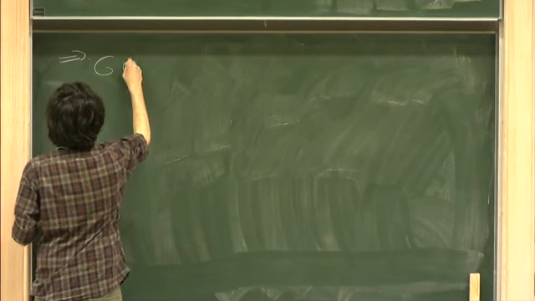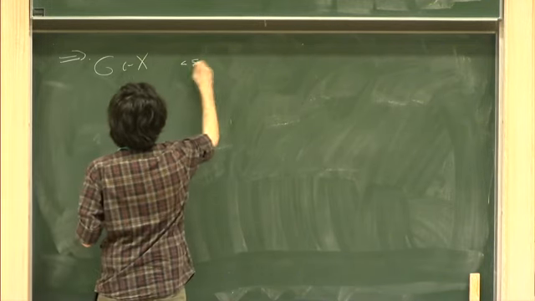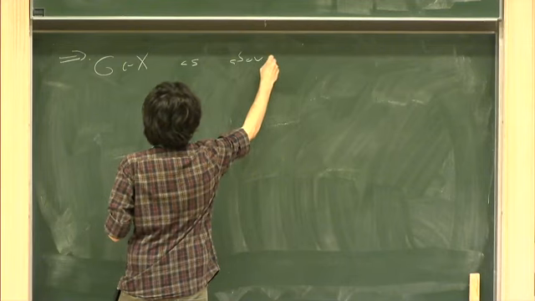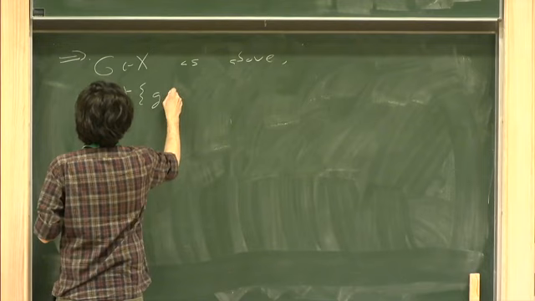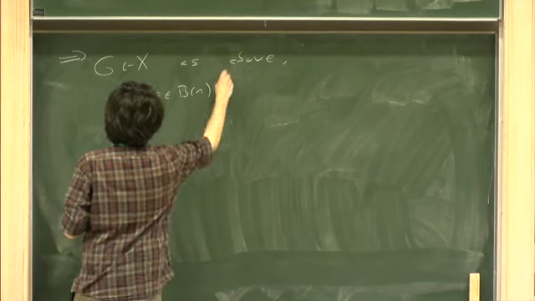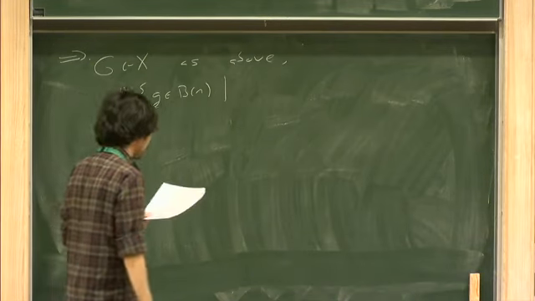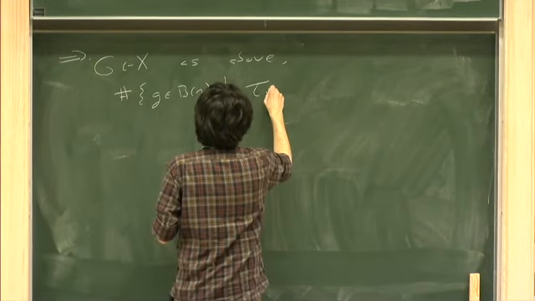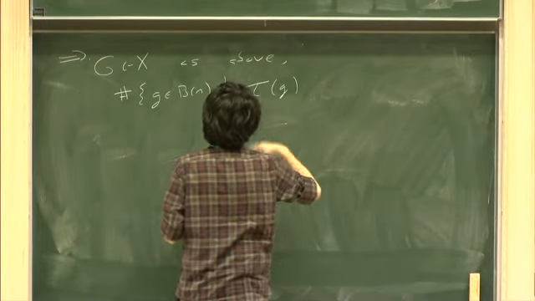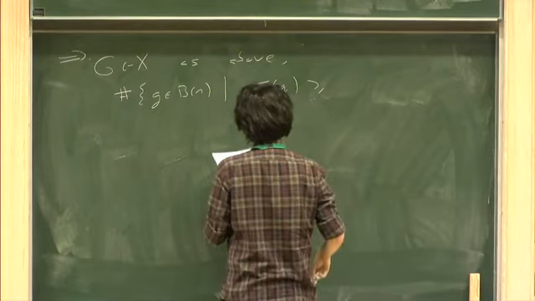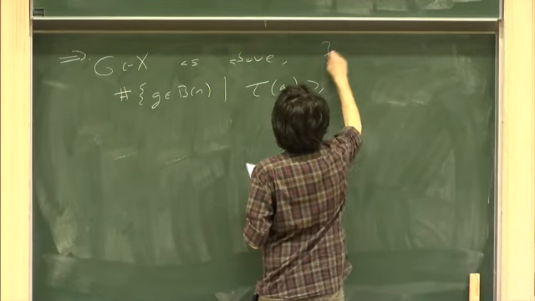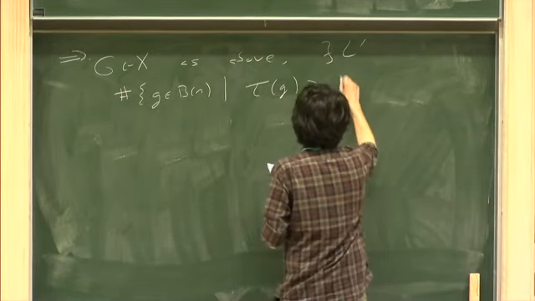That G acting on X as above, so if I look at the proportion of elements in the ball of radius n such that the translation length of G, now this is the translation length of G on the space X, is at least, okay, so again, there exists an L prime. Here it's the same L prime.